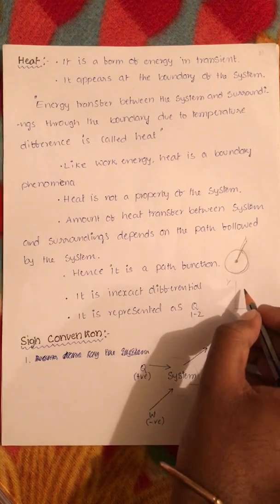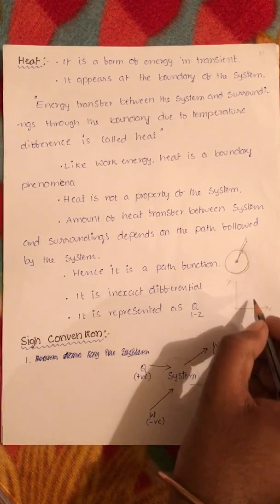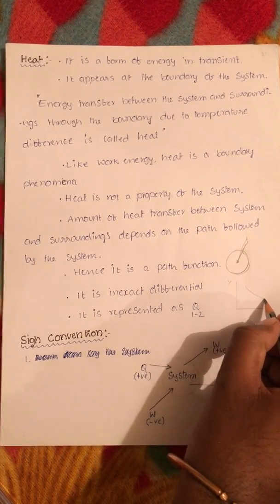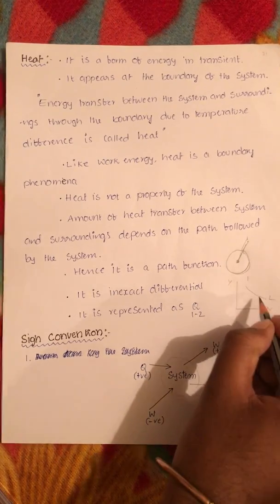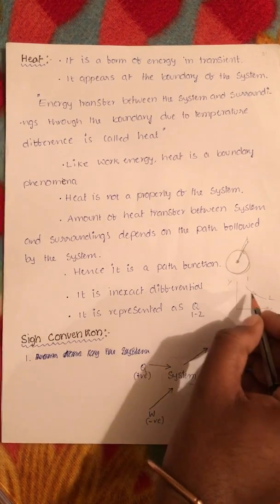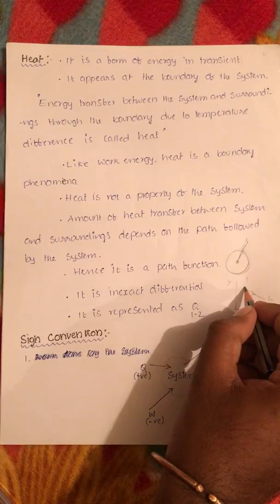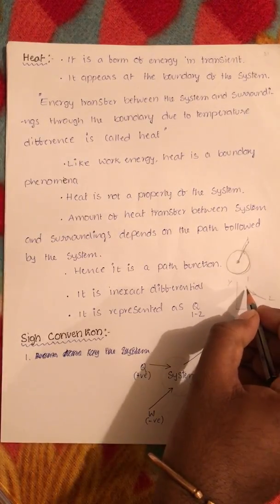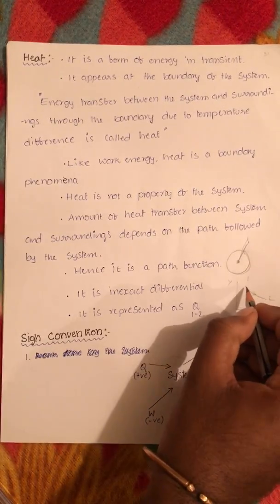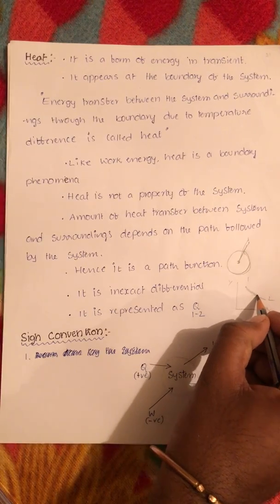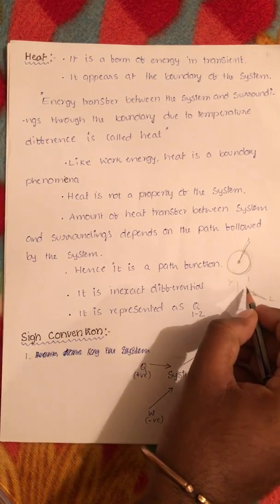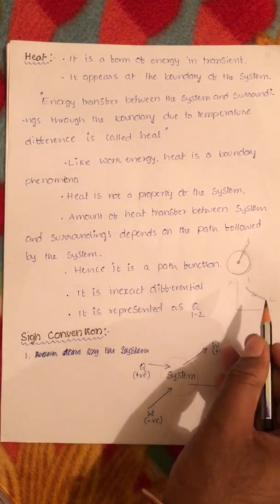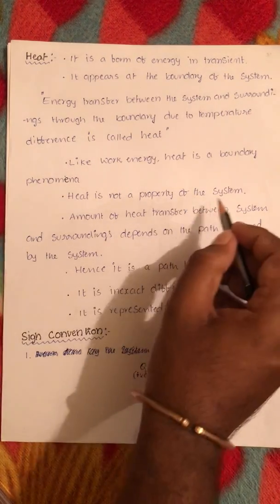If I represent this process on pv coordinates, the graph is something like this. The amount of heat transfer does not depend upon the end points. It depends only on the path followed by the system. It is a path function, not a point function. So if it is not a point function, it is not a property of the system.